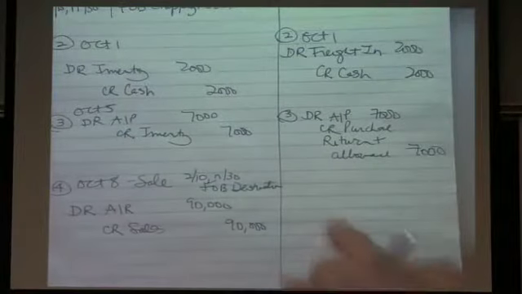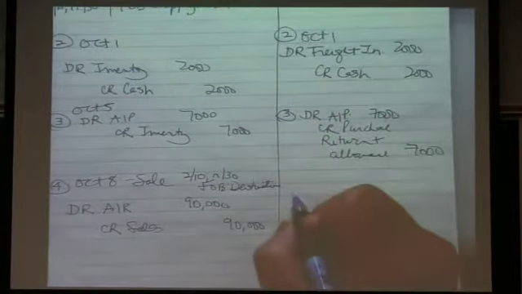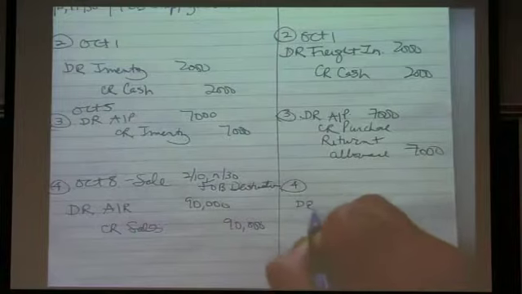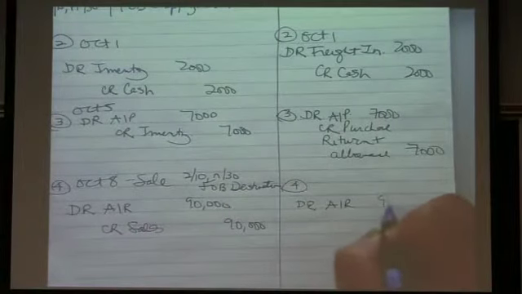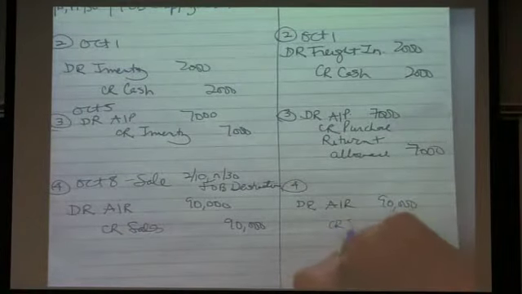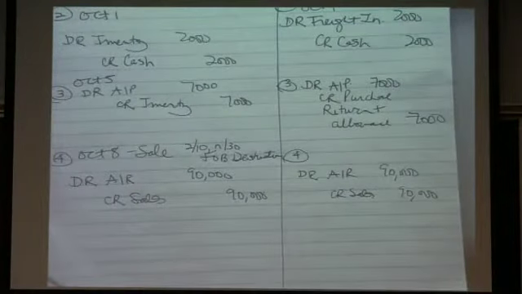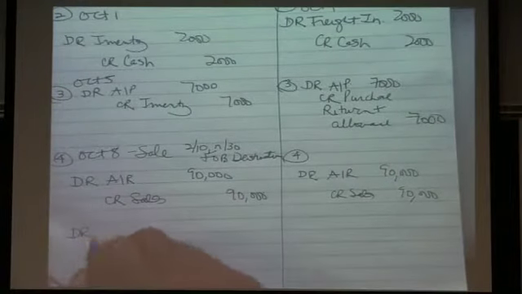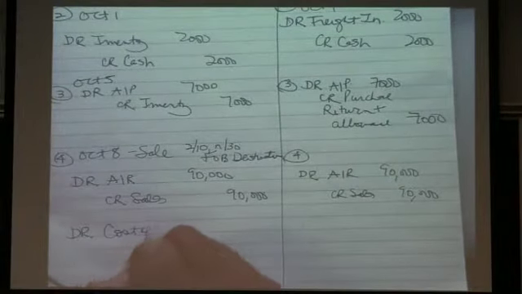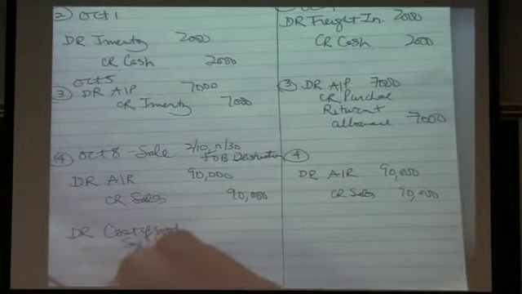Now, the same entry happens on October the 8th under periodic. We're going to debit accounts receivable, credit sales. Now, here's the difference. Under perpetual, you are required to record the corresponding cost of goods sold. So we need to determine the cost of goods sold. We're going to debit cost of goods sold. For how much?